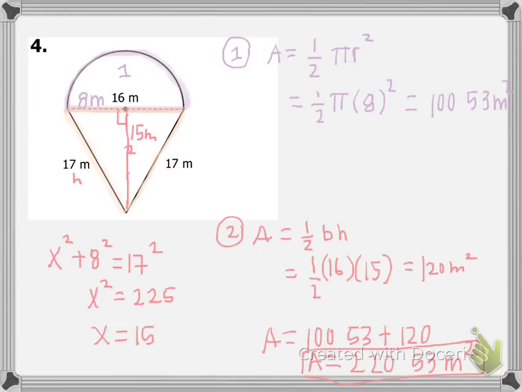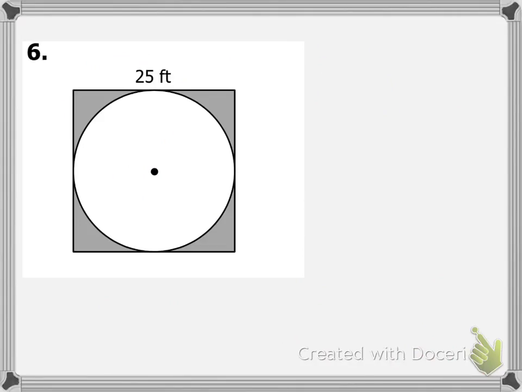Okay, so the next thing that we're going to talk about is the area of a shaded region. So we want to find the area of the entire figure and then subtract the non-shaded regions. Okay, so if I wanted to find the area of the shaded region here, that is in a square, right? So I'm going to find the area of my square.